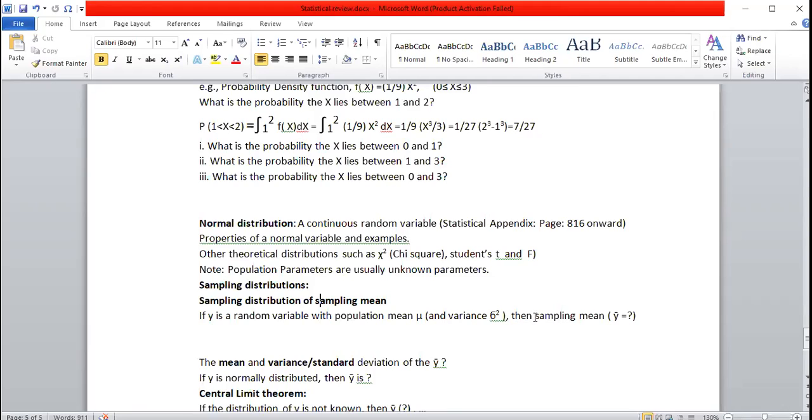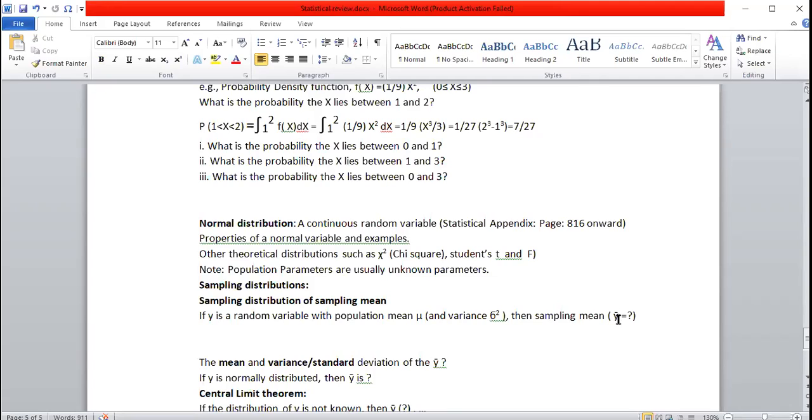If you can take a random sample from equally likely cases, then this Y bar, this sample mean, will be a random variable. If Y is a random variable, the mean of that random sample will be a random variable. How is it possible?